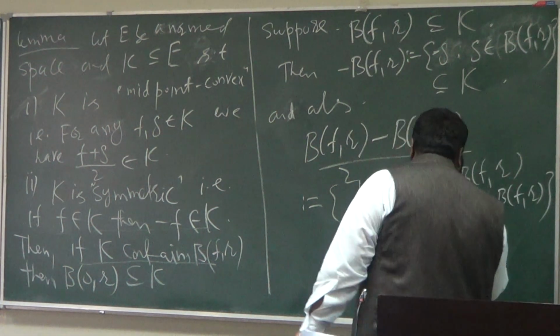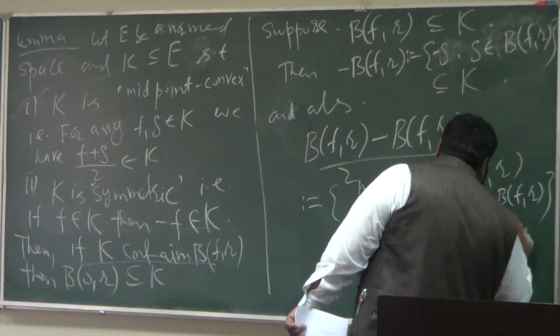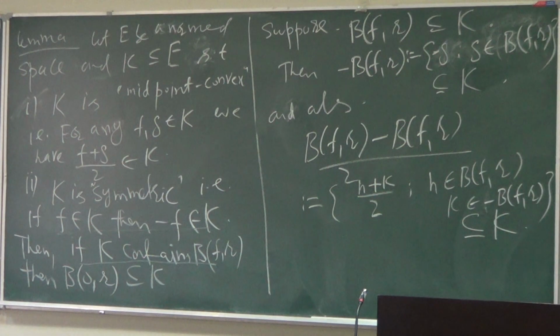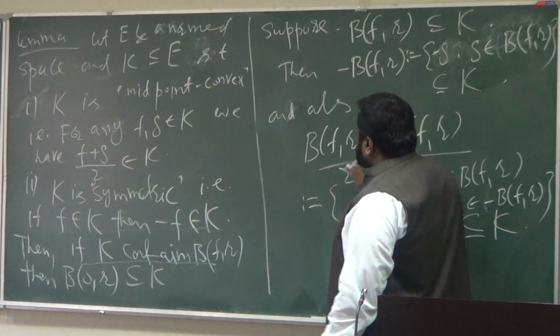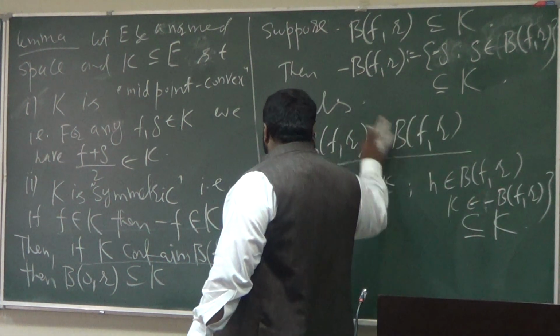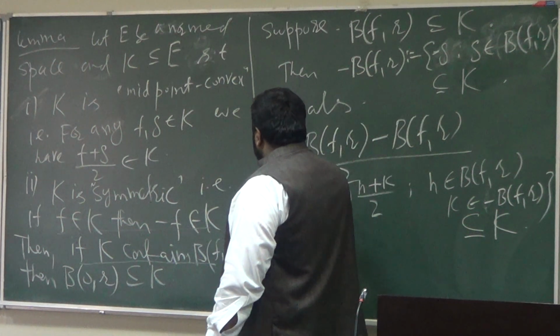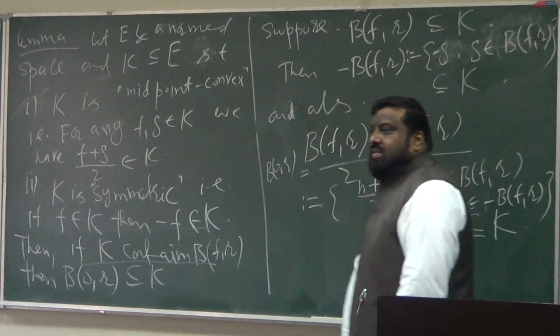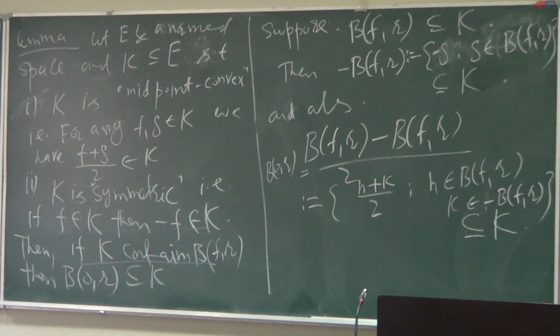So by the midpoint convexity, this is also a subset of K. Agreed? This is also a subset of K. Now I'm going to say that this average is actually your B0R. This average is actually B0. Okay?